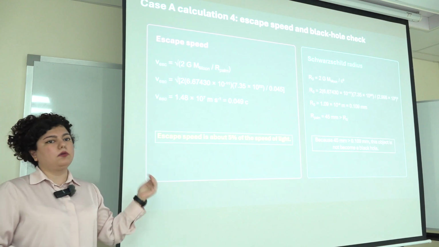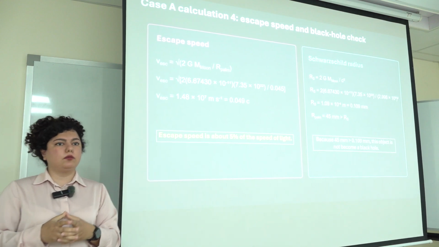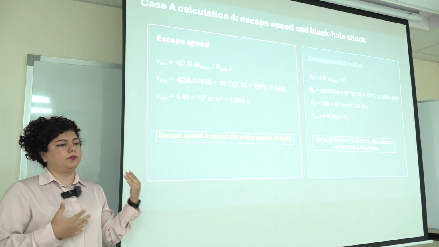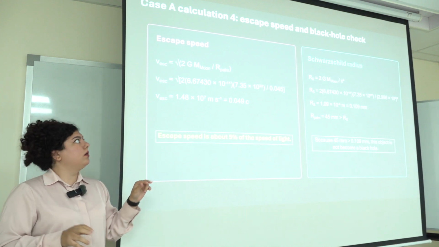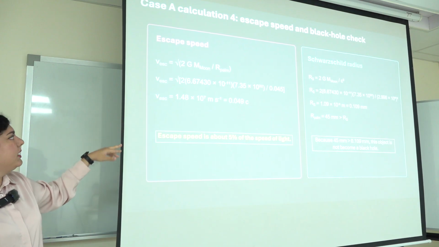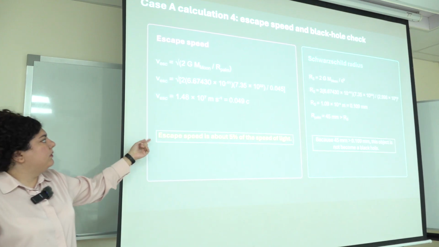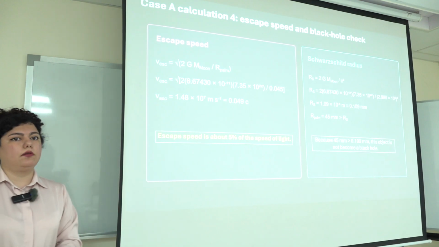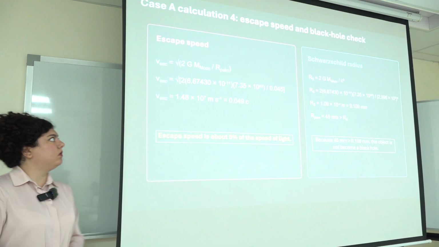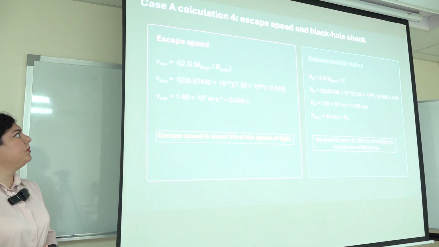And because I was curious whether this shrunken moon can be a black hole, or if it has some relativistic parameters, I calculated the escape speed, and it's around 5% of the speed of light, and it doesn't have much relativistic effect, so we can use Newtonian formulas.